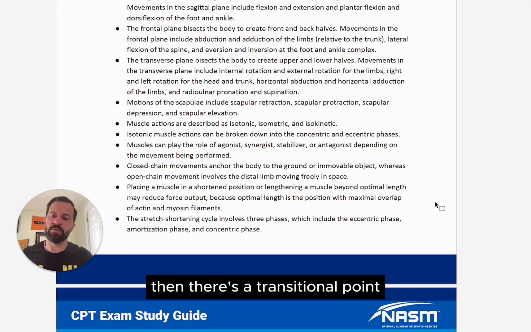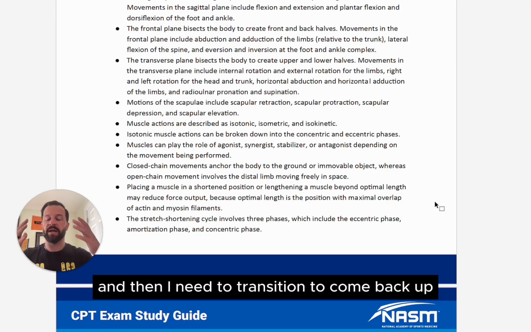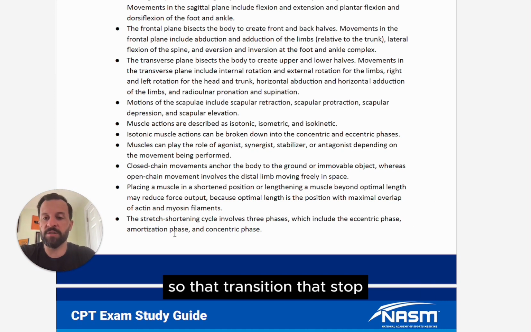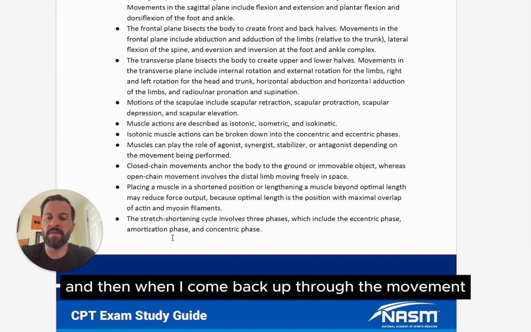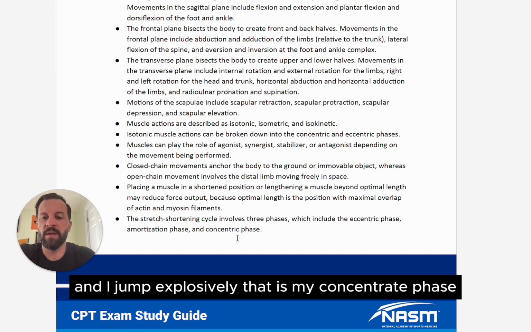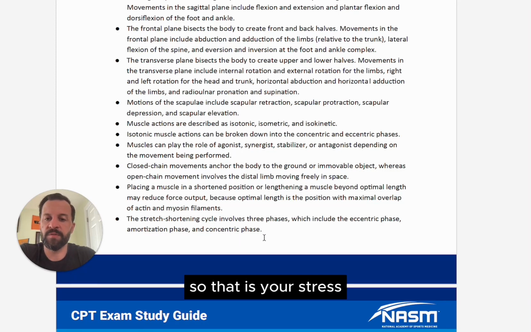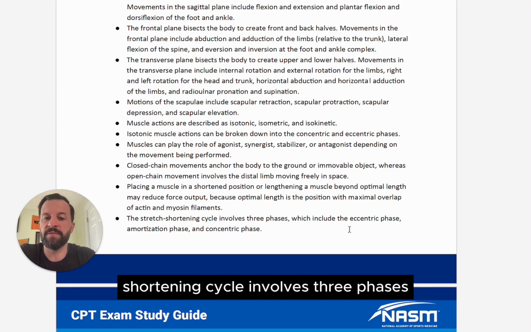Then there's a transitional point where I have to stop going down and then I need to transition to come back up. That transition, that stop, is your amortization phase. And then when I come back up through the movement and I jump explosively, that is my concentric phase. So that is your stretch shortening cycle, which involves 3 phases.